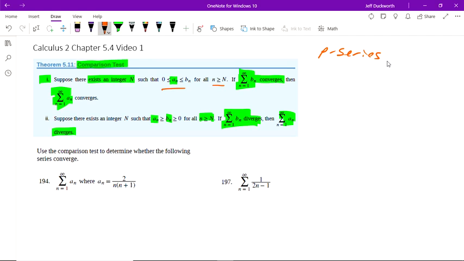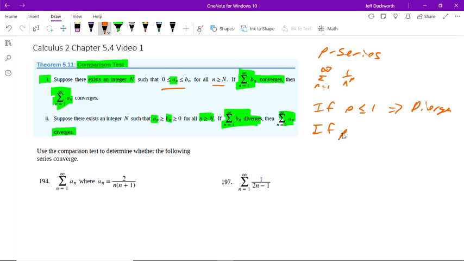So the p-series is the sum from n equals 1 to infinity of 1 over n to the p. What did we talk about with that? Well, if p is less than or equal to 1, that means the series diverges.